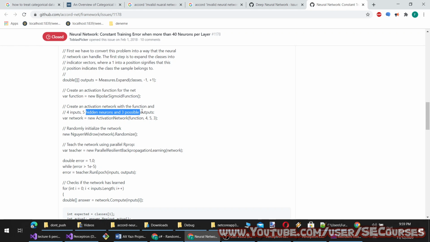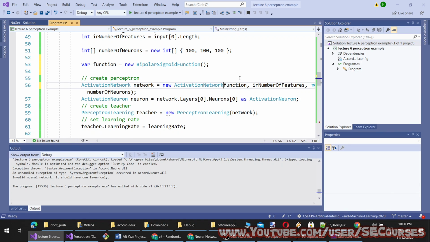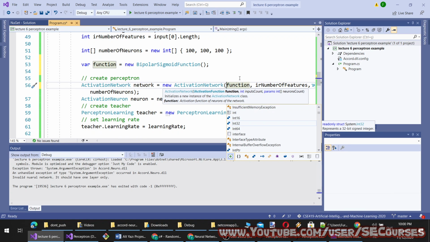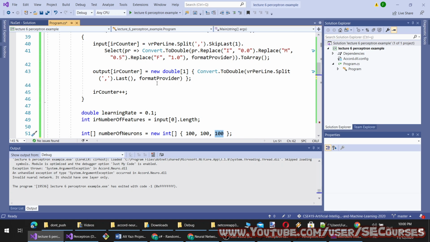Four inputs, 5 hidden neurons, and 3 possible outputs. So inputs count, params int, neurons count. Ah, I see. I see. Neurons count. So the final network has to have number of classes output. Okay, so how many different classes do we have?